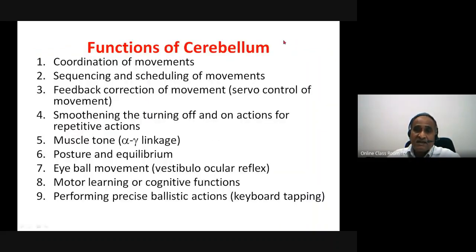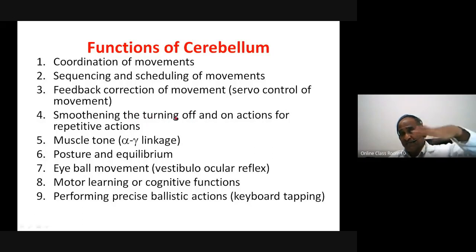The functions of the cerebellum include coordination of movements, that is, the sequencing and the performance of each muscle activity are very well coordinated. Sequencing and scheduling of movements, that is the timing of movements. The feedback correction of the movement, that is a servo control mechanism, so that it should not overshoot or undershoot.